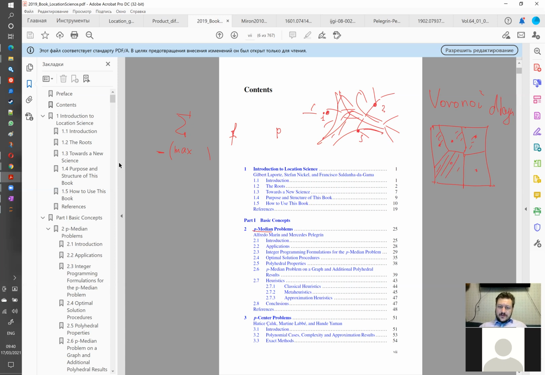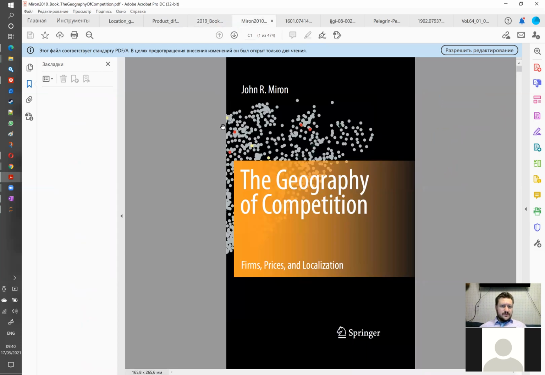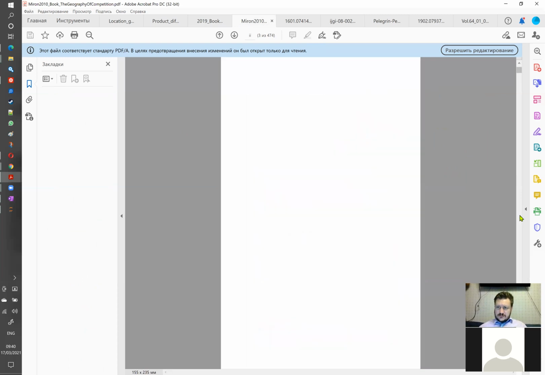So p-median is the sum, and p-center is the max problem, as I remember. And they have several heuristics about this. Another book, maybe not so fun, is about the geography of competition.